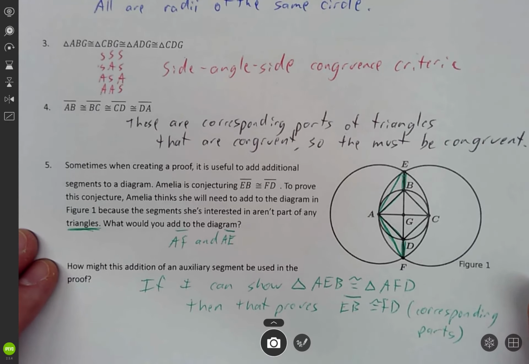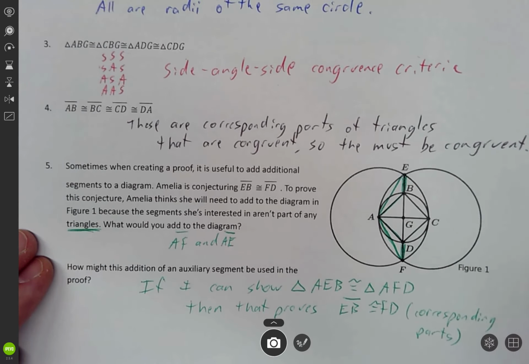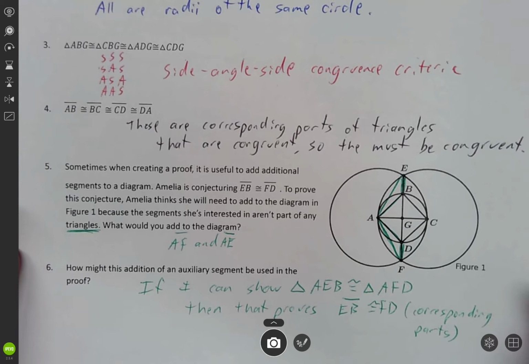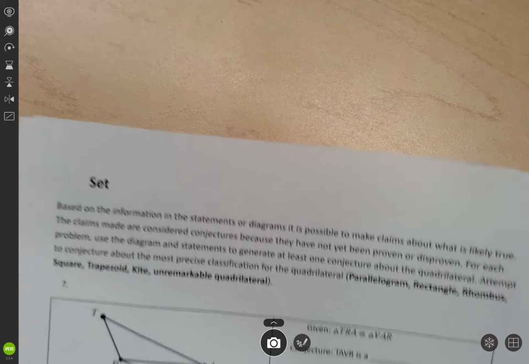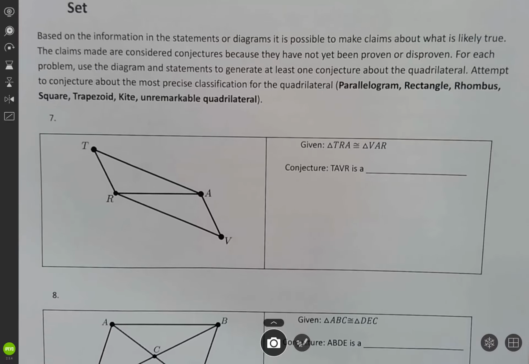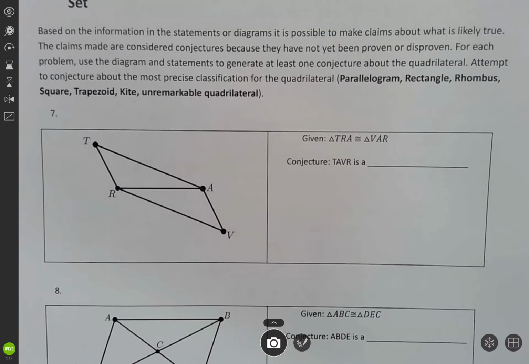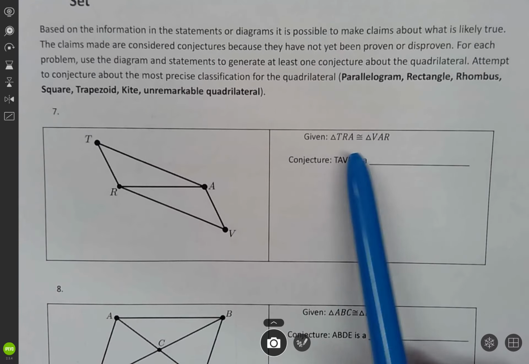And we're going to practice that justification now on the set portion of the lesson. Turn, if you would, to page 2. And let's take a look at what they want us to do. The next set of problems all show you a quadrilateral, and then they tell you something about the picture.